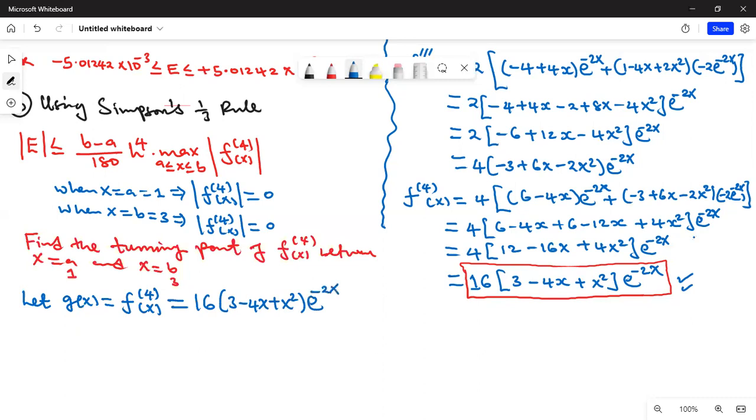How do you find the turning point of any given function, like in this case, g of x? I have to differentiate that g and then equate the derivative to 0 and then solve for x. That's how to find the turning point of the function g of x. So let's find its derivative.